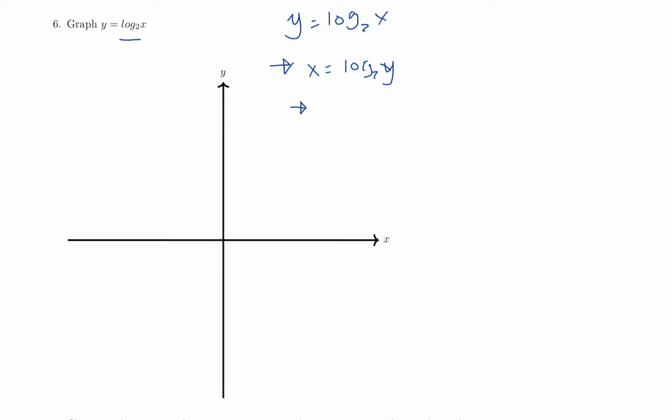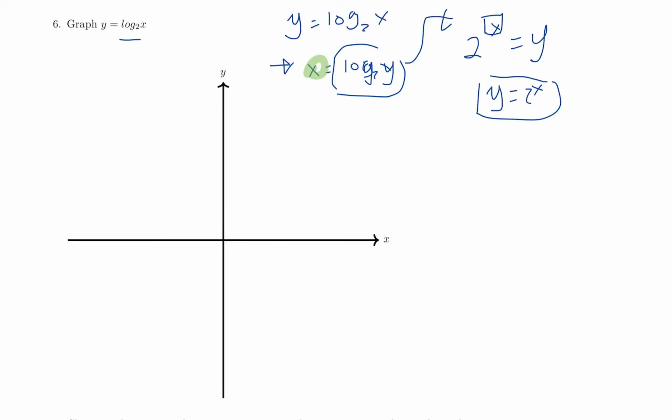Again, this is where we think about the meaning of log. Log means: 2 raised to what power will give me y? And the power here actually is x. So we just solve for y. y equals 2 to the x. So this function is the inverse of this function right here.